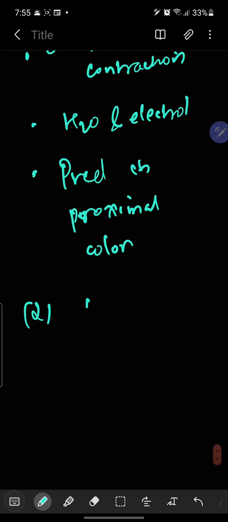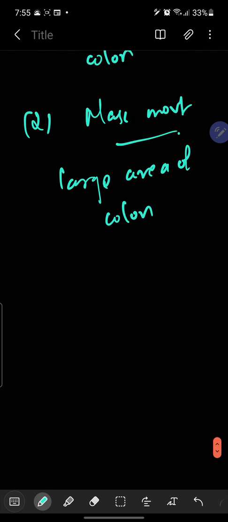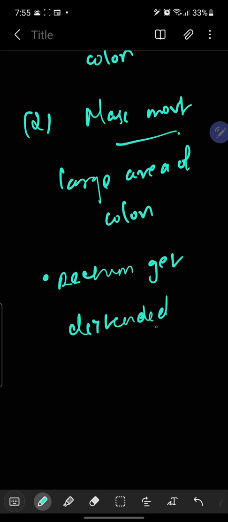The second movement is mass movement. It involves a larger area of the colon. That means the substance moves from one segment of the colon to the next segment and finally to the rectum. The rectum gets distended with feces.